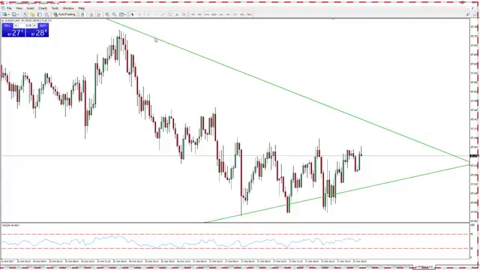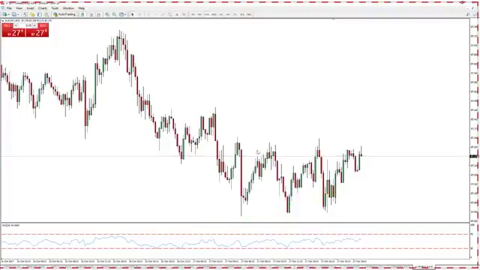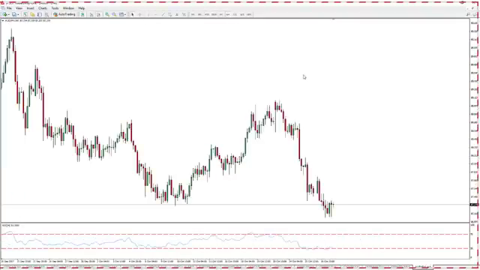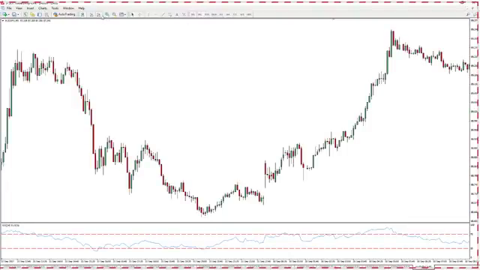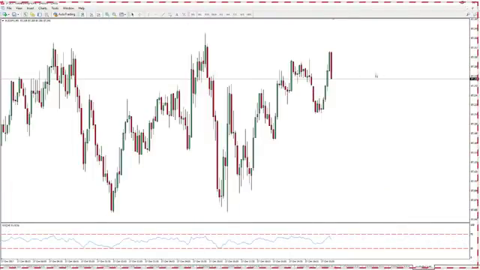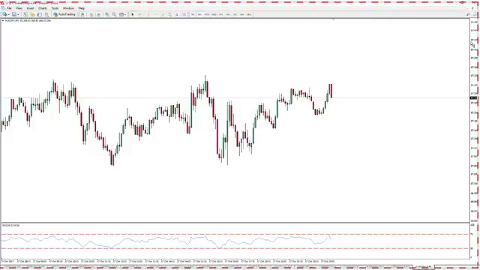I'm going to delete all these lines here just so we can start fresh. Alright, so let's take a look at a 5-minute chart and we're going to try to identify some triangles, just so you guys can get an idea of how that would work.